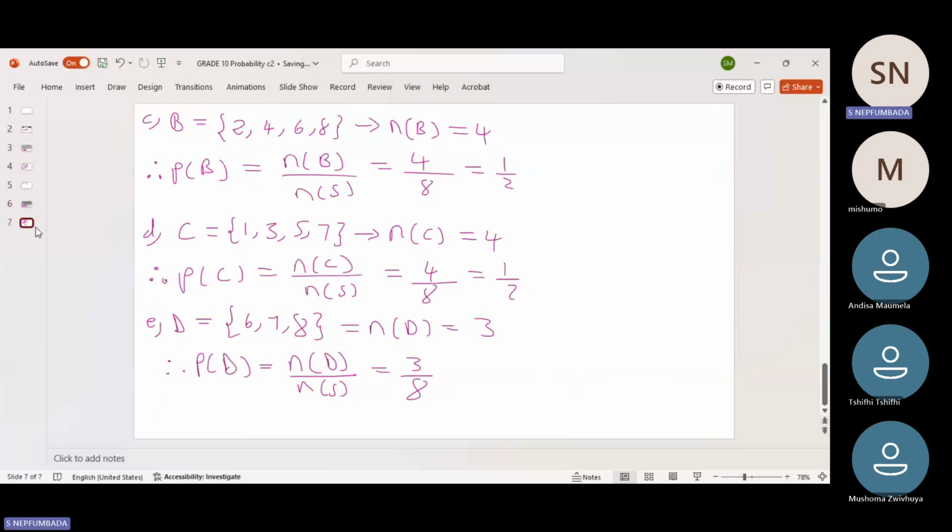Now we proceed. They say the probability of an odd number.